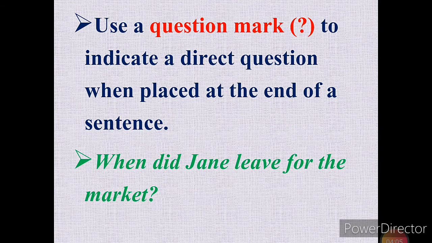Now let us see the question mark. Use a question mark to indicate a direct question when placed at the end of a sentence. Generally we use the question mark when the sentence begins with a questioning word like what, when, why, where, how, or when we begin the question with a helping verb: is, was, were, has.